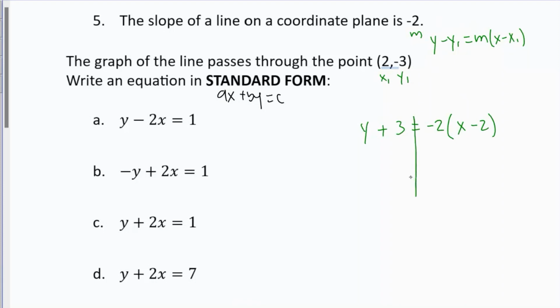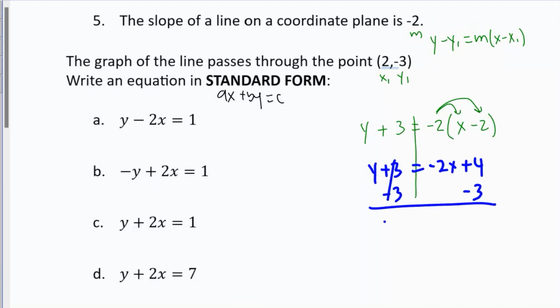And I'm going to go from there. So I'm going to distribute because I want to get it in slope-intercept form. So I have y plus 3 equals -2 times x is -2x. -2 times -2 is +4. Subtract my 3 from both sides. I'm left with y equals -2x plus 1.